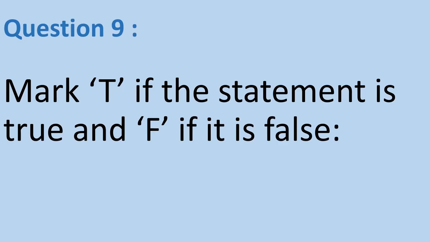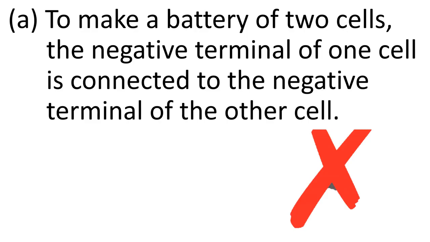Question number 9. Mark T if the statement is true and F if it is false. Statement A. To make a battery of two cells, the negative terminal of one cell is connected to the negative terminal of the other cell.